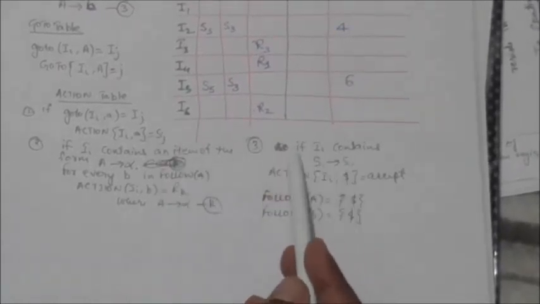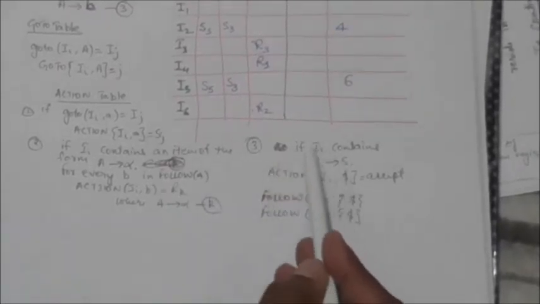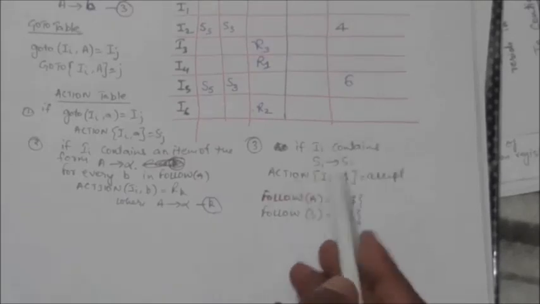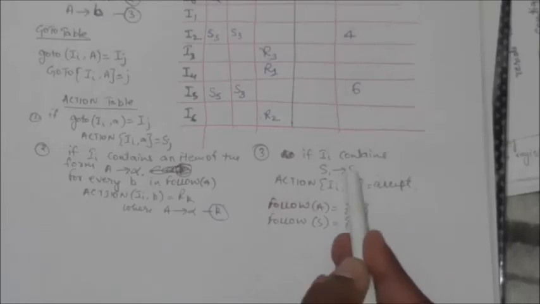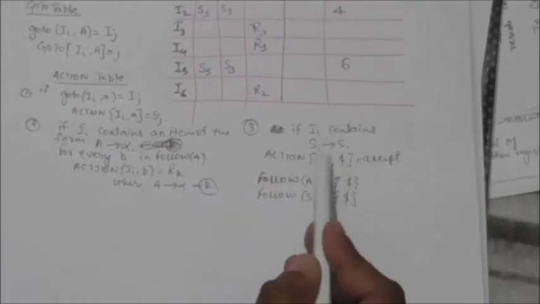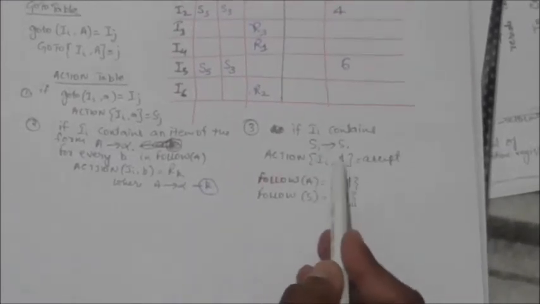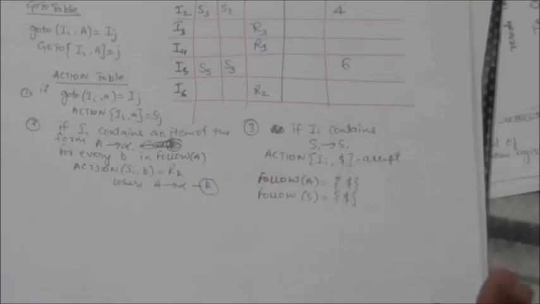Now see the third rule which is used for construction of the action table. If state Ii of the DFA contains this item, S1 derives S dot, where this S is the start symbol of the grammar, then what we need to do? In the action table at the row labeled by Ii and column labeled by dollar we need to write accept.